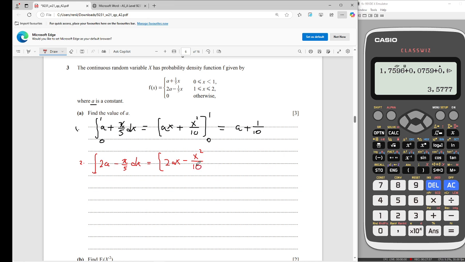Oh, I forgot that we need to put our limits, 1 to 2. When we plug in the values of 2, we get 4a minus 4 by 10. Subtract that with 1, so it's going to be 2a. Since we have the minus of the entire bracket, this is going to actually be plus 1 over 10.